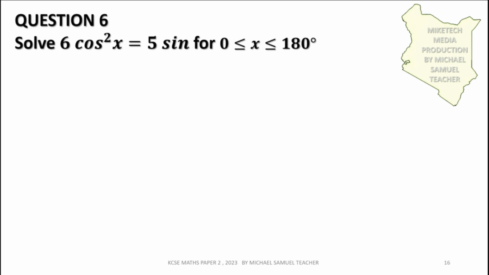Now, this is the equation: 6 cosine x squared is equal to 5 sine x. So we have an x there.